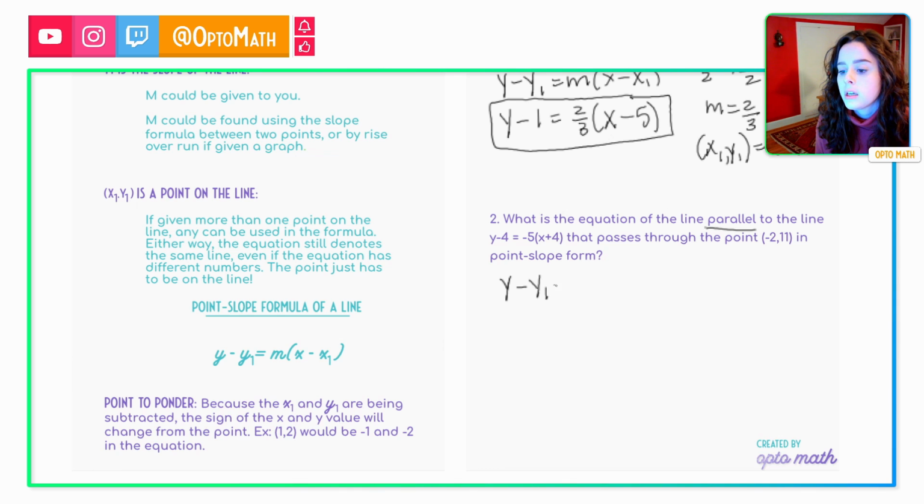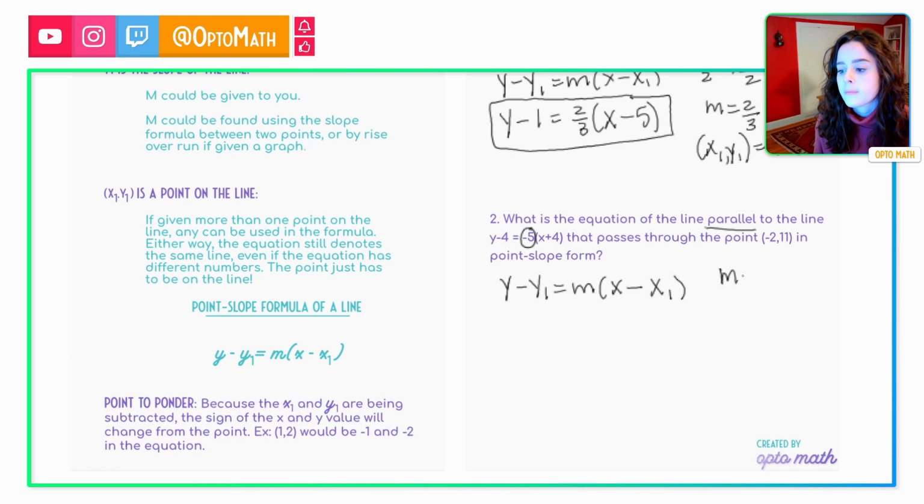Y minus y1 is m times x minus x1. Okay, remember, y and x are unchanging, m's your slope, and x1, y1 is your point. So the slope of our given line is this -5. See how it's m, it's sitting right next to the parentheses? That's our slope.